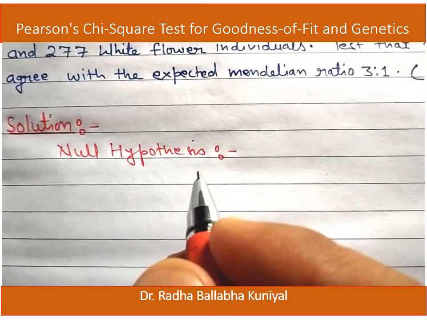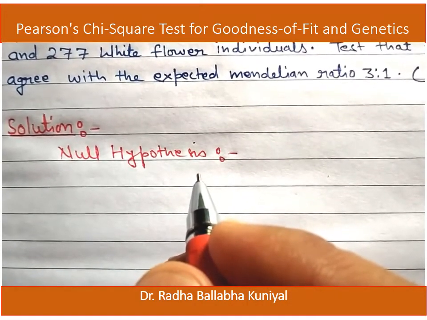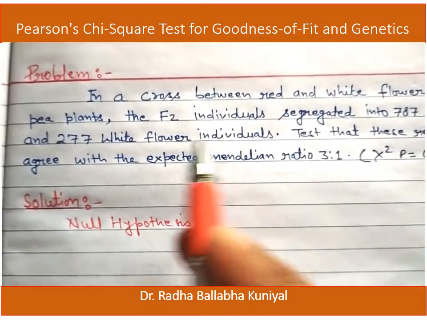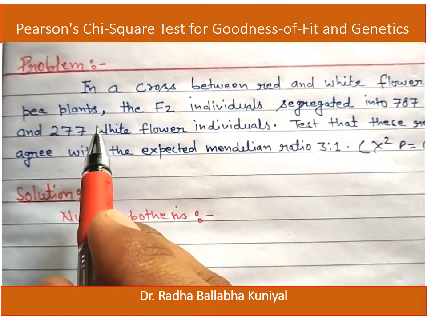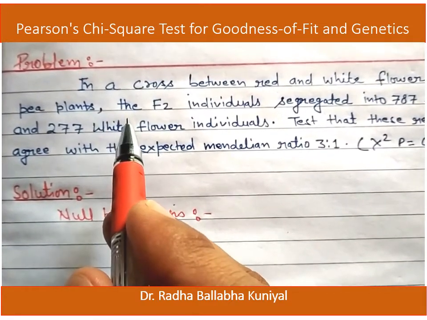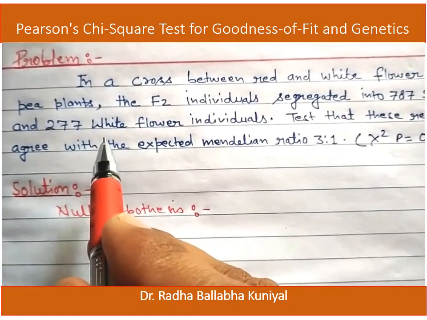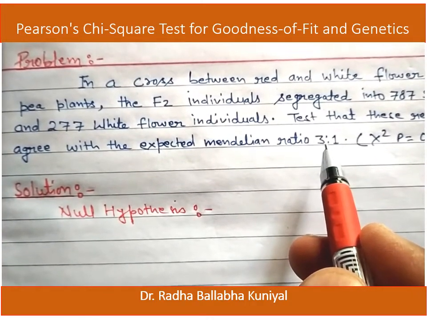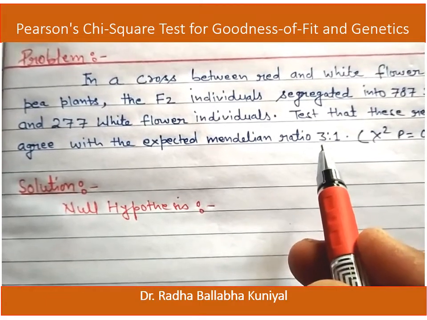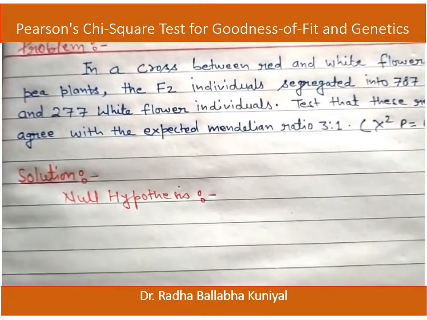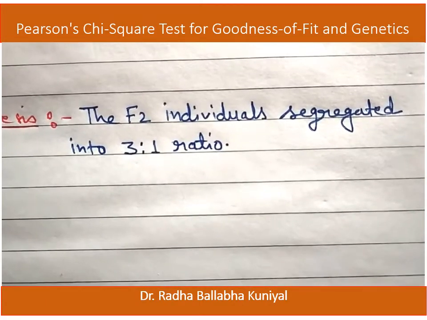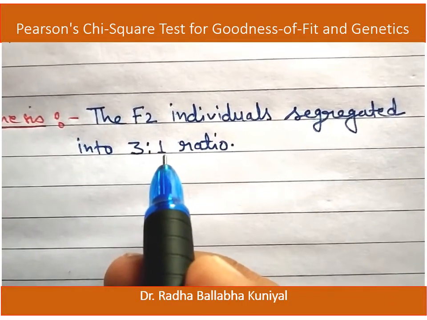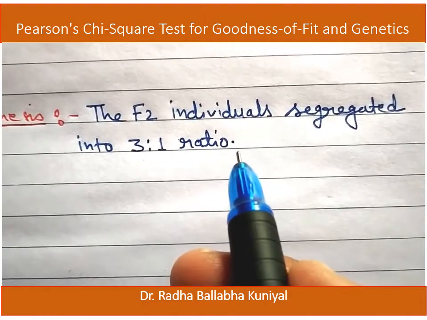Thus, in this problem, we can assume that there is no significant variation in the F2 segregated individuals, meaning the obtained individuals in the F2 generation follow the Mendelian ratio, that is 3:1. So, we will set up the null hypothesis as: the F2 individuals segregated into a 3:1 ratio.